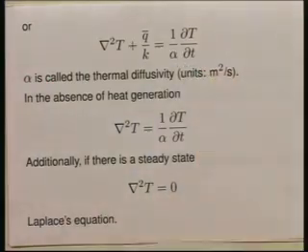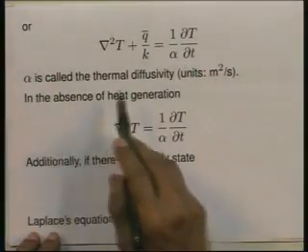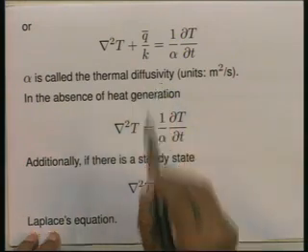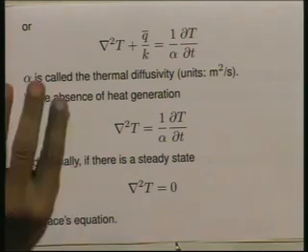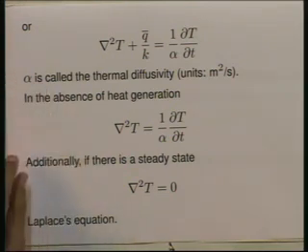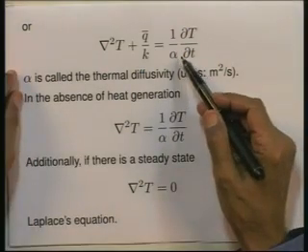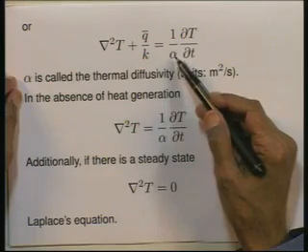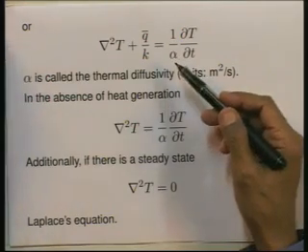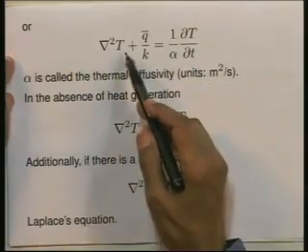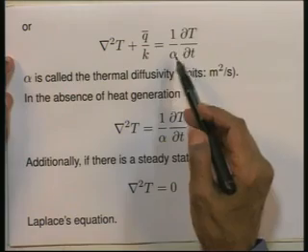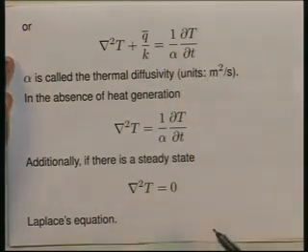What is alpha? Alpha is called the thermal diffusivity of the material. It is a combination of three properties: K the thermal conductivity, divided by rho the density and divided by specific heat, K by rho Cp. So, we define a new property K by rho Cp as alpha and we put that into the differential equation. So, our differential equation when K is constant can also be written in the form del squared T plus q bar by K is equal to 1 by alpha dT dt.